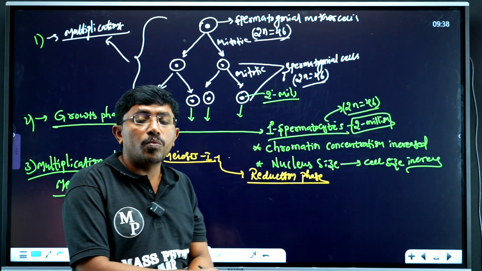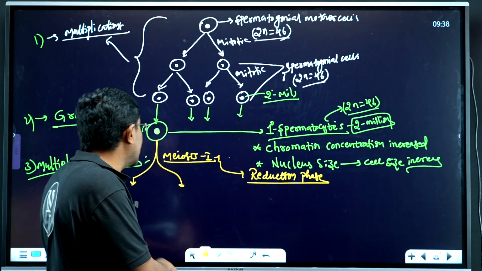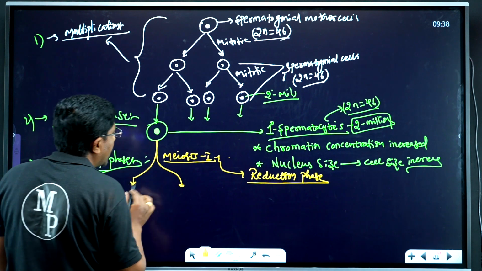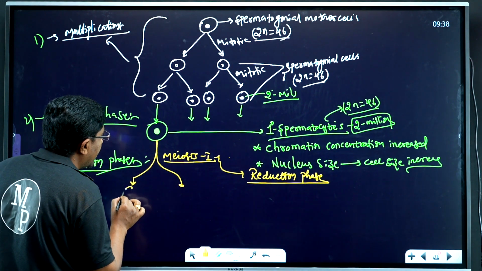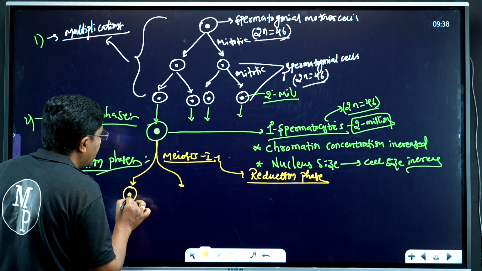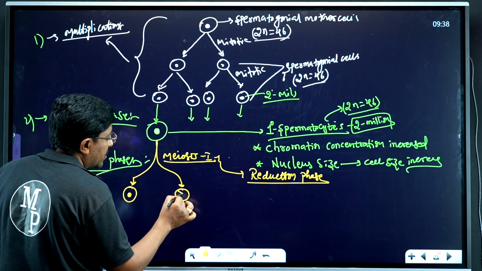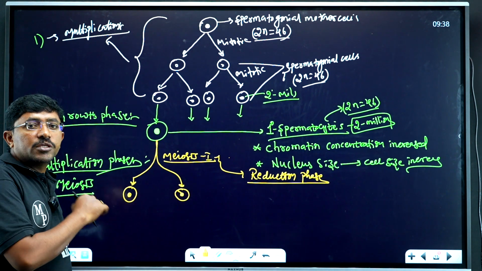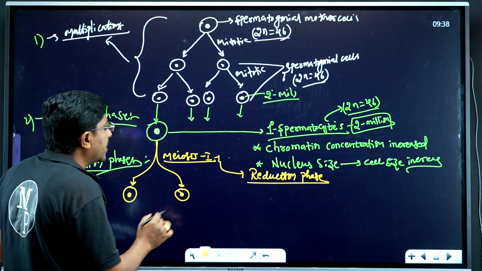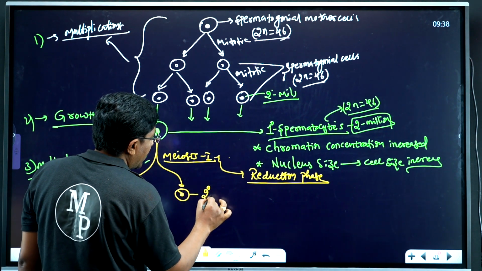Reduction of the number of chromosomes is called the reduction phase, that is meiosis 1. In this process, after completion of meiosis 1, two daughter cells are produced. These two daughter cells are called secondary spermatocytes.